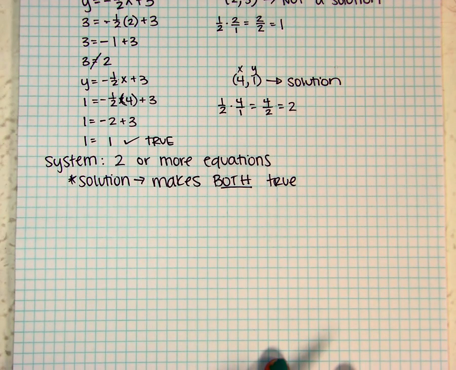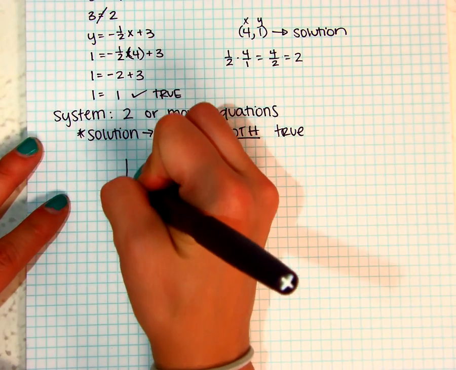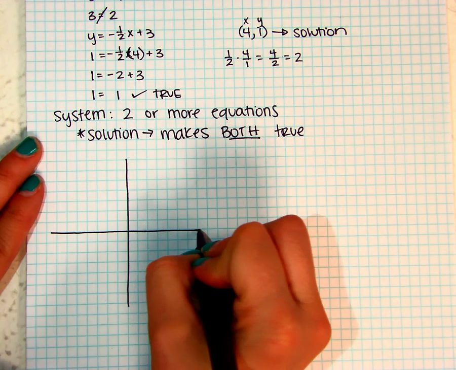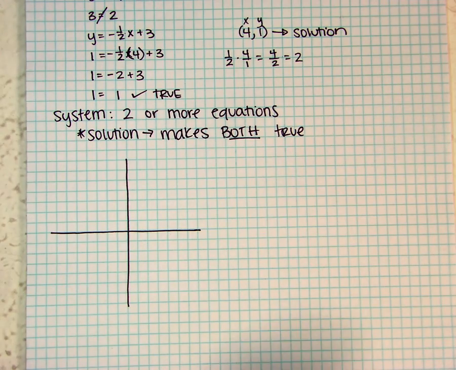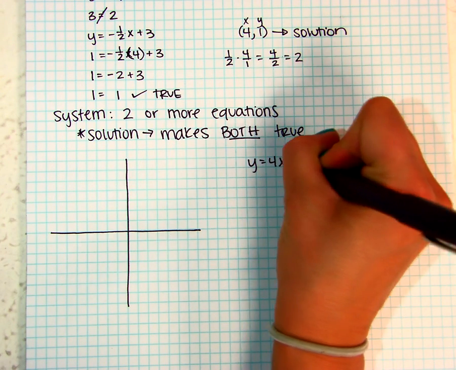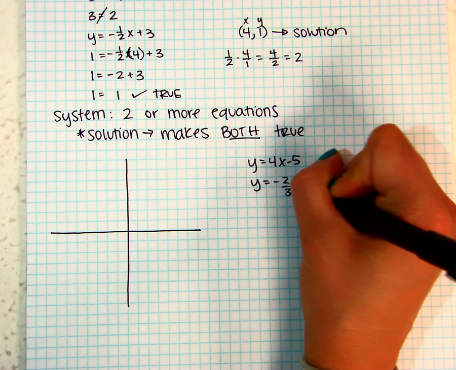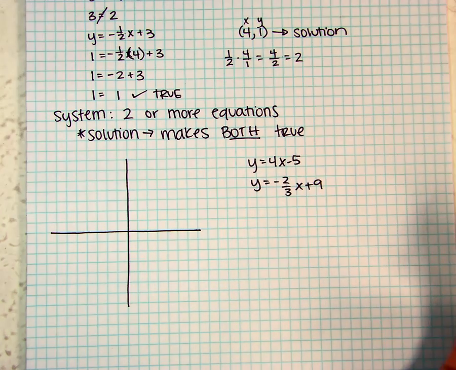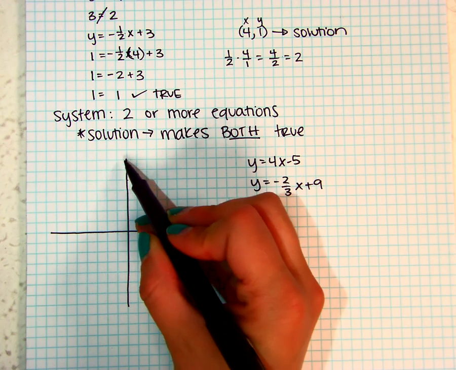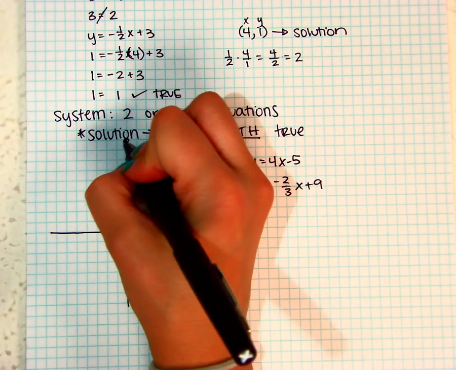Let's say we have two equations: y equals 4x minus 5 and y equals negative 2/3 x plus 9. Let's make sure we have 9: 1, 2, 3, 5, 6, 7, 8, 9. That one starts way up here.